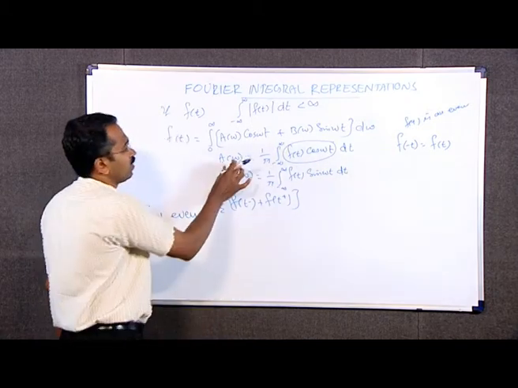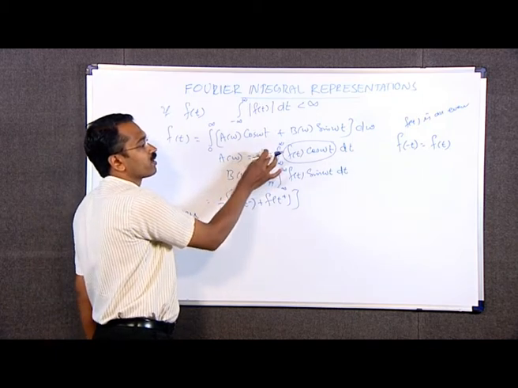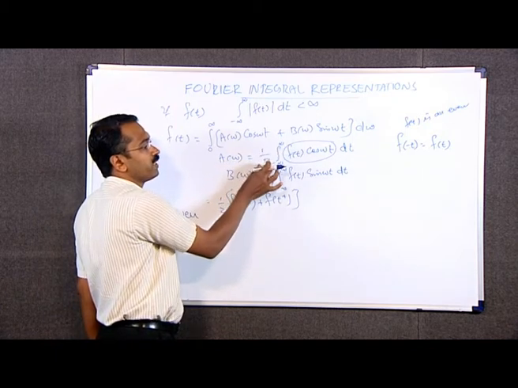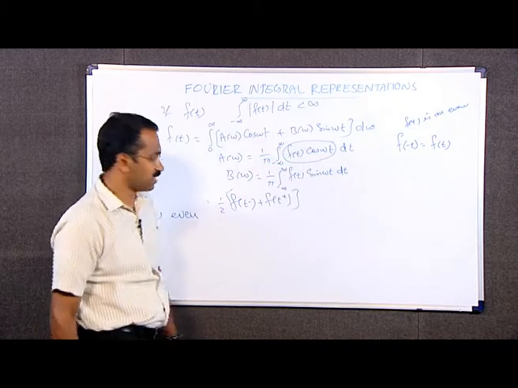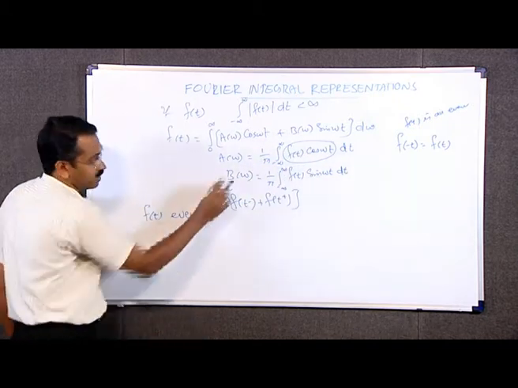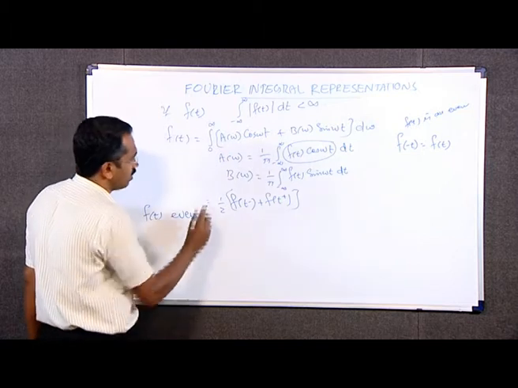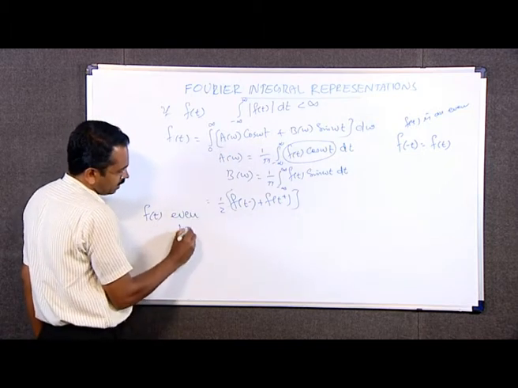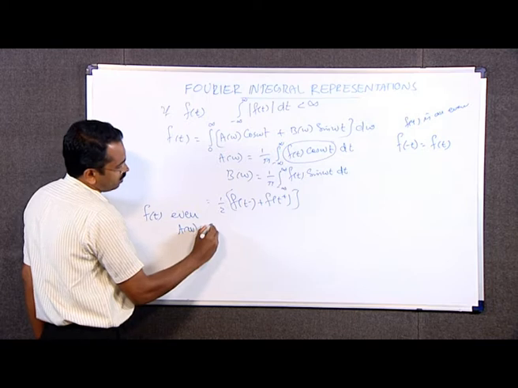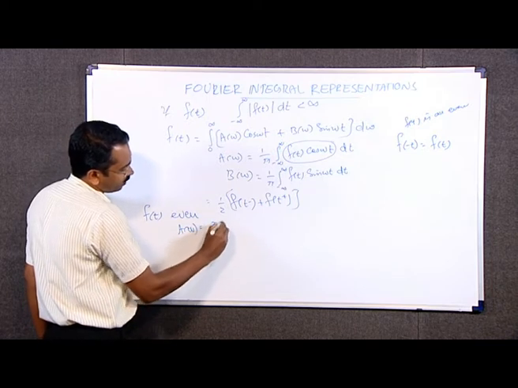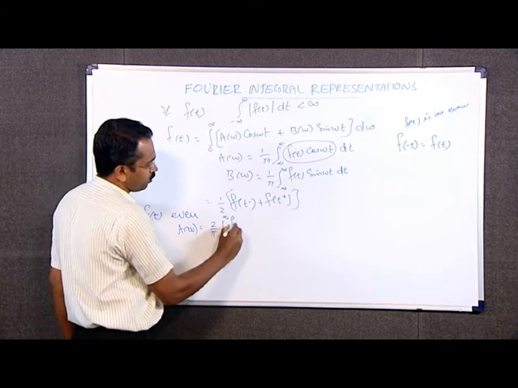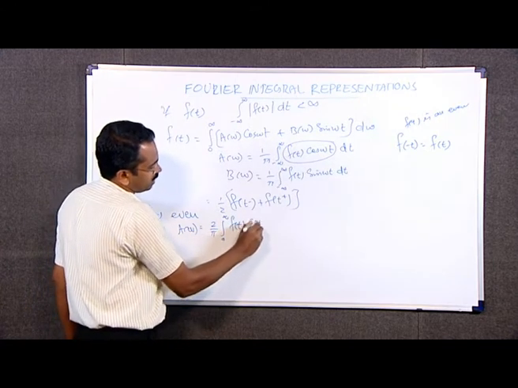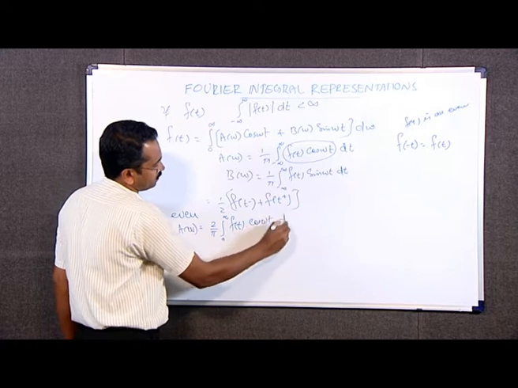Therefore, this will become 2 by pi into integral from 0 to infinity f of t into cos omega t dt. By the property of definite integral, we can write a omega as 2 by pi into integral from 0 to infinity f of t into cos omega t dt.